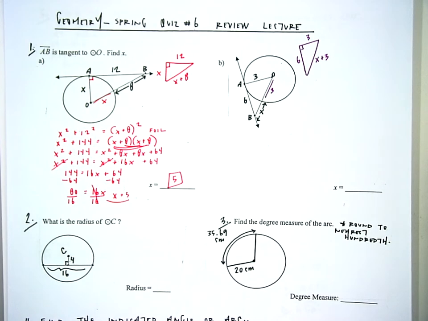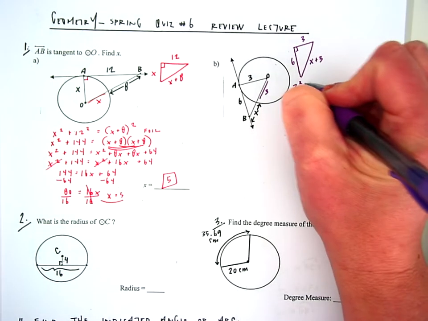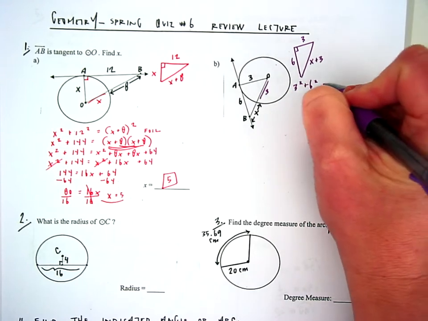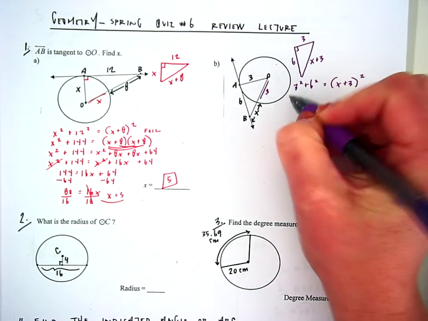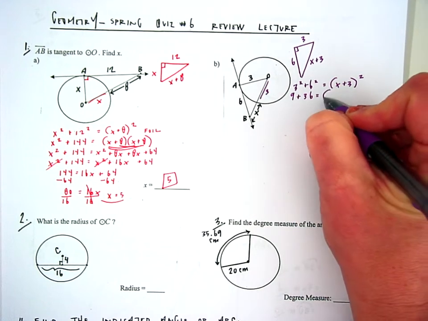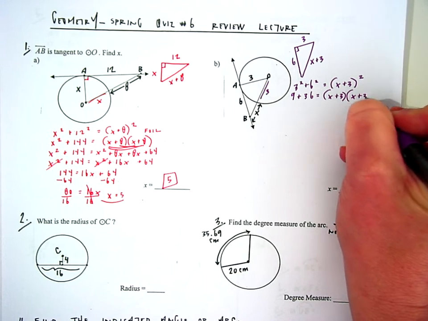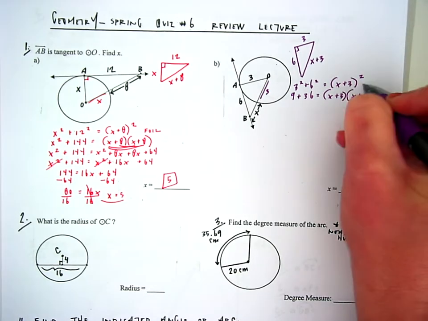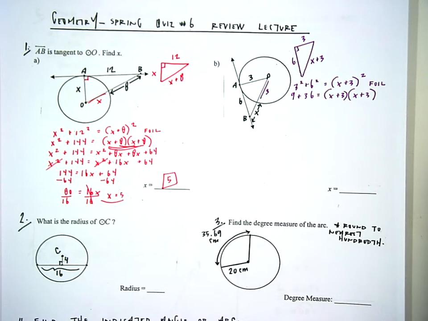So now if I use the Pythagorean Theorem, I have 3 squared plus 6 squared equals x plus 3 squared. So 9 plus 36 equals x plus 3 times x plus 3. So here I'm going to have to FOIL that out again. First, outer, inner, last.